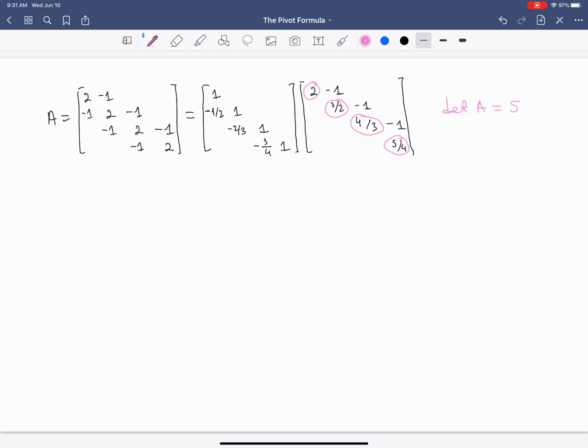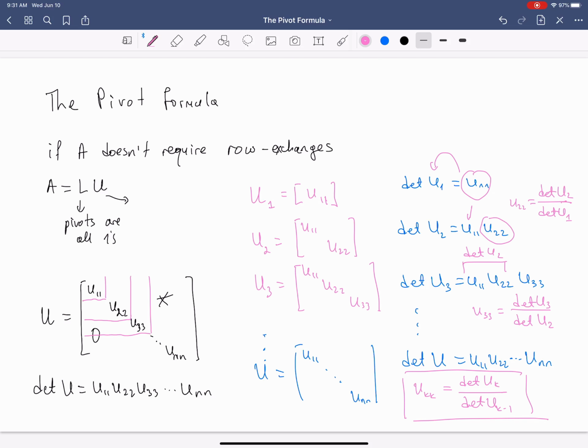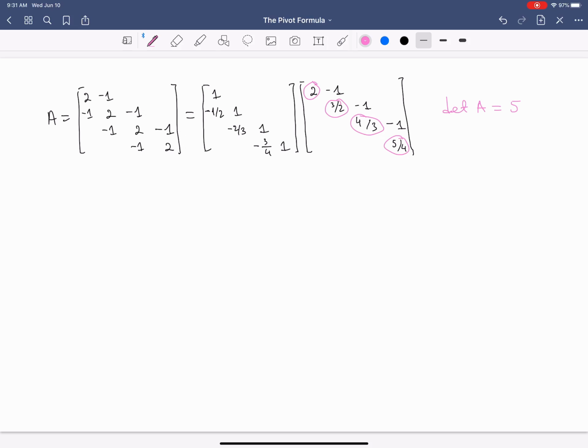Now let's see what I did on the previous page, so these upper left corners. The point is that the first pivot over here only has to do with this matrix. All the elimination that happens is right here. So no wonder this 2 and that 2 are the same. Now this 3/2, you see, it only comes from this part. When you carry out elimination with that pivot underneath, this part is only affected by the first two components of the first row.